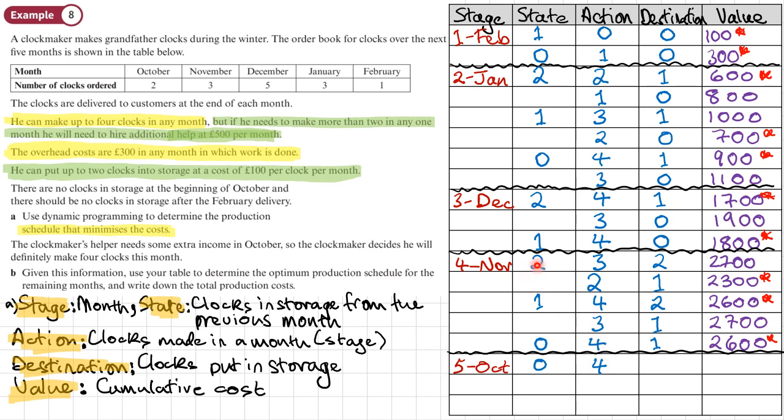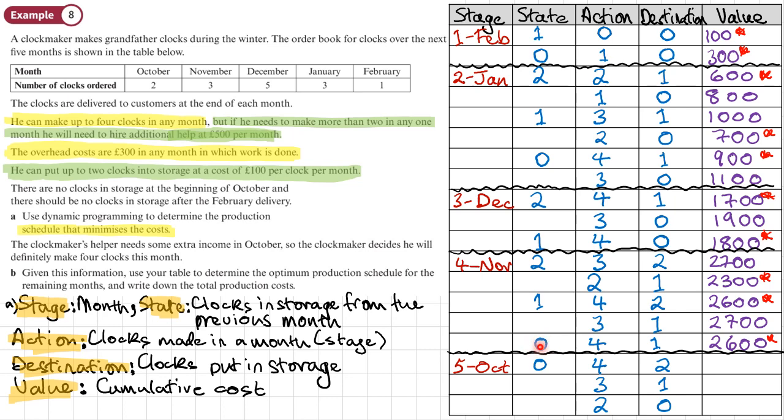Or we could make 3, have the 2 that we need in October, and then pass on 1 to the November stage. Or we can just make 2 in October, which means we'll have none to pass on, and we can do that because you can see there's an option here where we have none and we make 4 during that month.